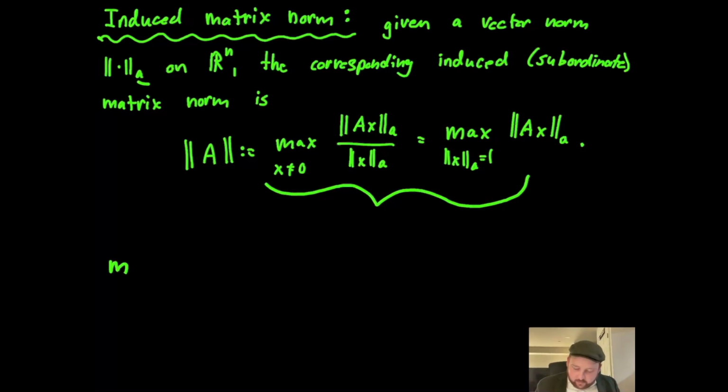So if we think about this, the maximum over all non-zero vectors of the norm of Ax divided by the norm of x. Well, in the denominator, the norm of x is just a scalar.